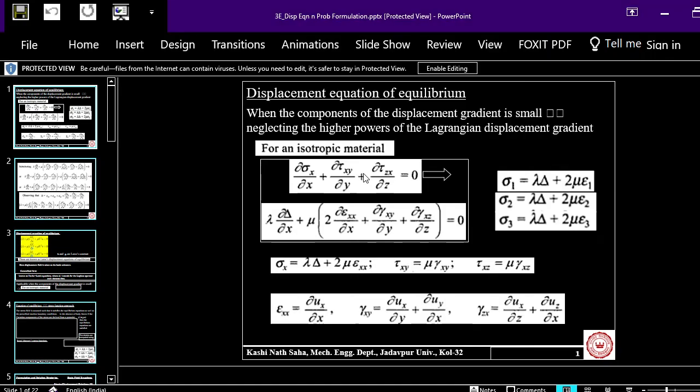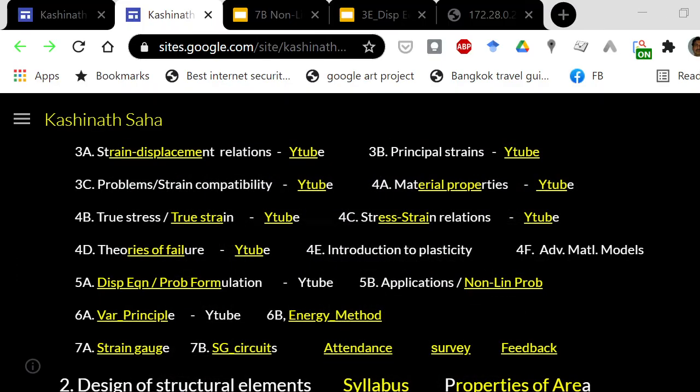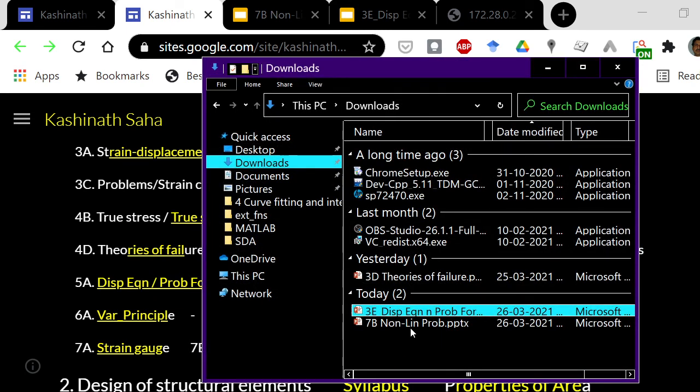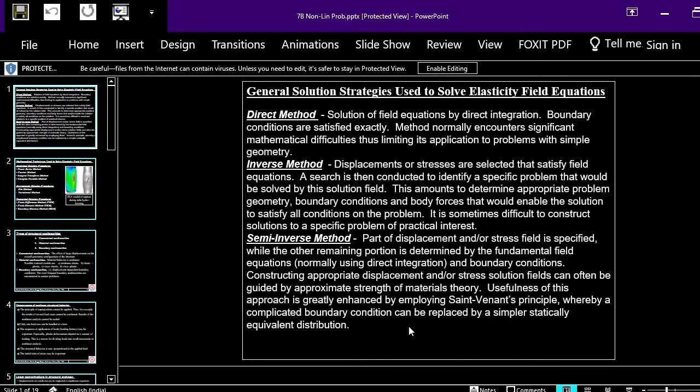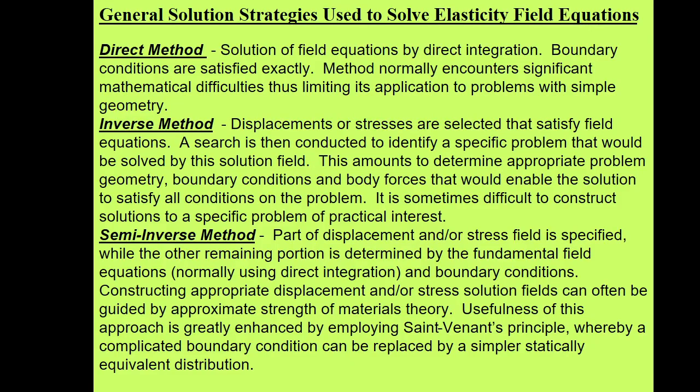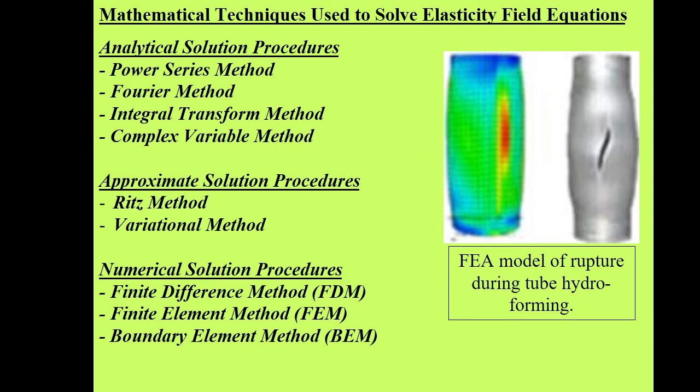Okay, then the next part is nonlinear problems. We have already discussed that these nonlinear problems come from various sources. For example, some are geometric nonlinearity and some are material nonlinearity.